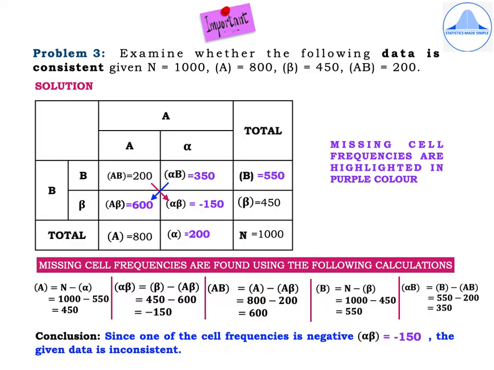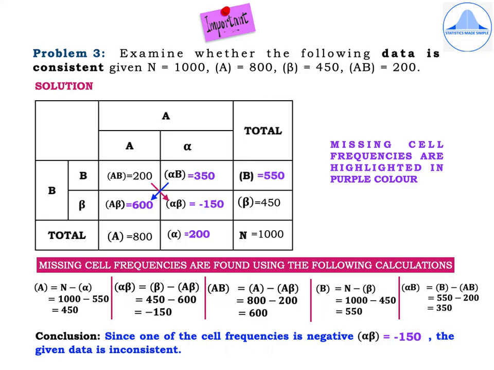The missing cell frequencies are found using the following calculations which are shown below the table. And after doing the calculations, the missing frequencies are written in the table in purple color, and we have alpha B is equal to 350, B is equal to 550, A beta is equal to 600, alpha beta is equal to minus 150 and alpha is equal to 200.